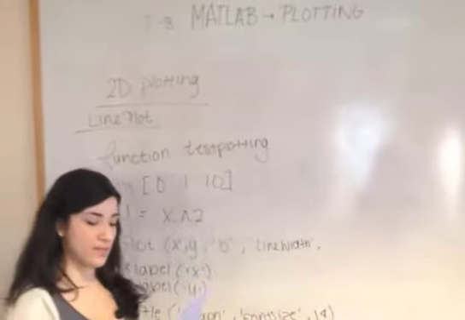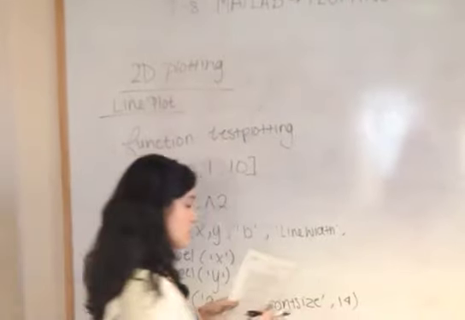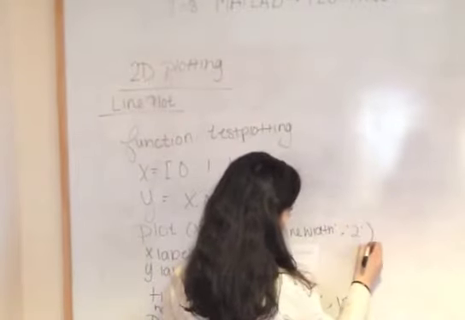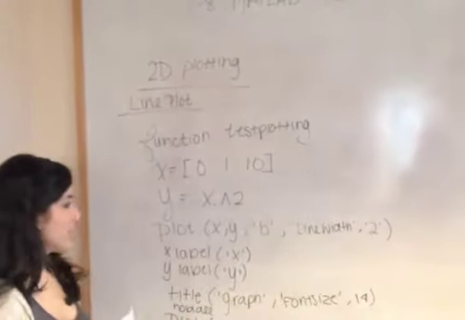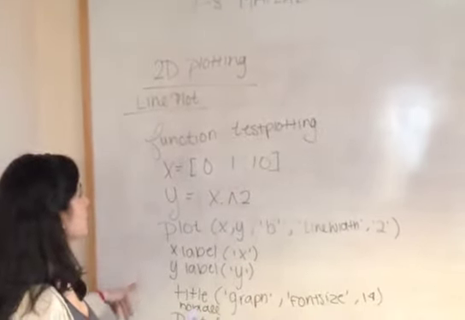And 0.5 is the default size, so if we want to make it big, we can make it something like 2. So that basically covers everything you can kind of change within the 2D plotting.